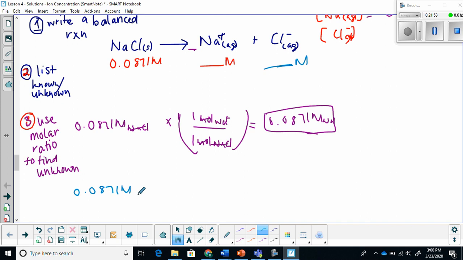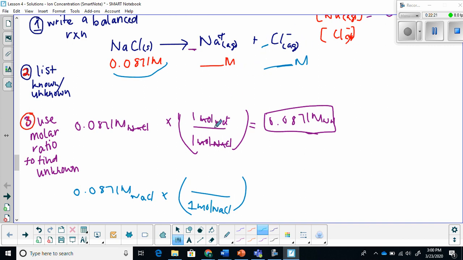You have to write a molar ratio statement again. 0.0871 moles per liter of sodium chloride. So that's this here, starting off with what I know, times my molar ratio. Same thing, 1 mole of NaCl, and then on top, you're going to multiply by 1 mole of chloride. So now we're treating it differently.